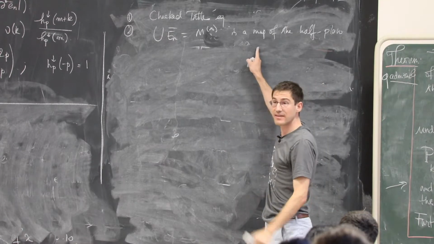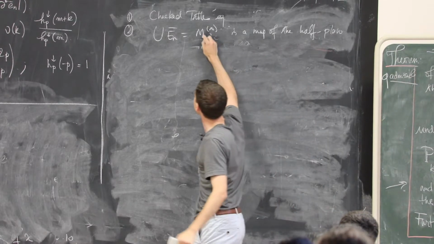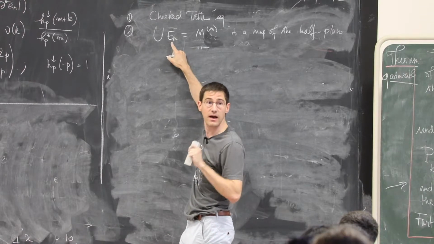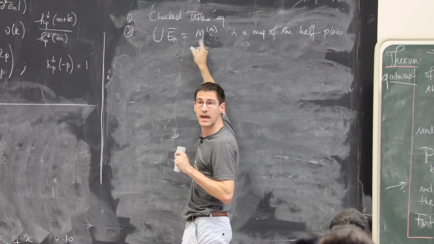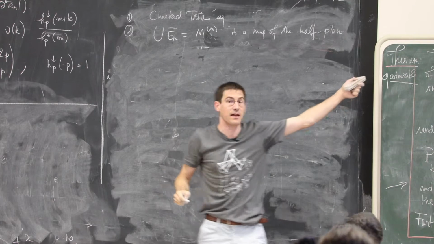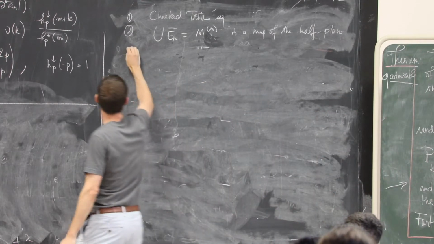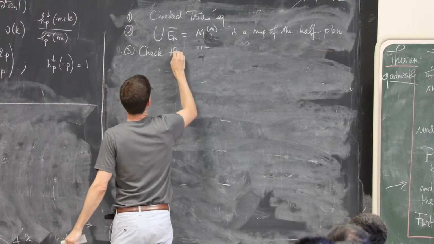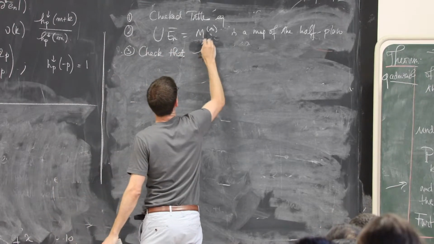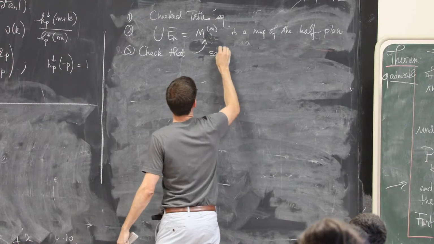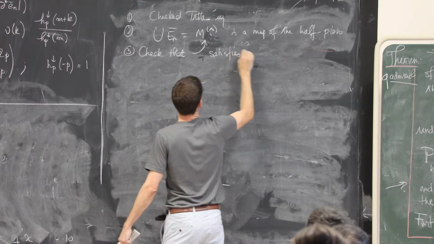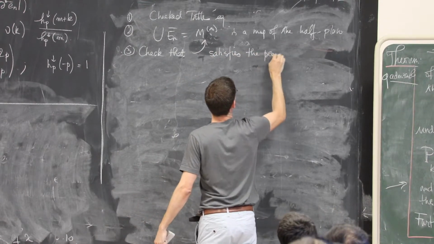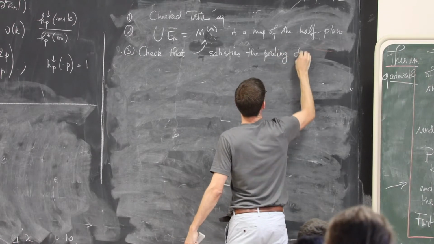What I constructed there is a particular sequence En for a particular peeling algorithm, and I define this as being my guy. So I need to check that this guy satisfies the peeling description.